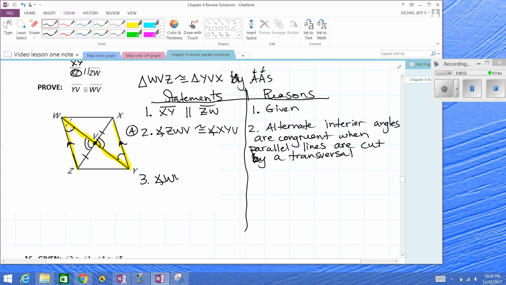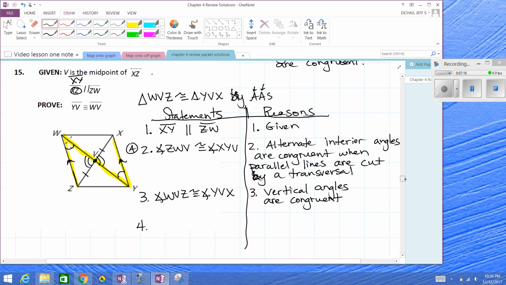So let's go WVZ congruent to angle YVX. That's by vertical angles are congruent. And then number 4 is the sides. We can't do that directly though. We need the midpoint.